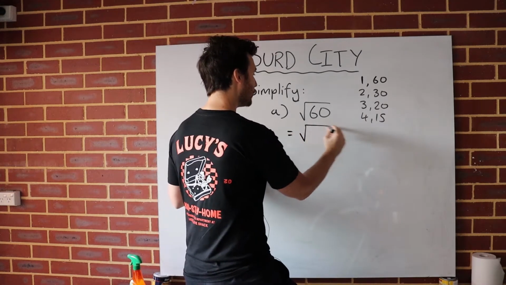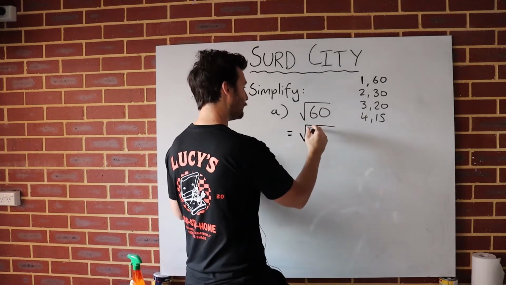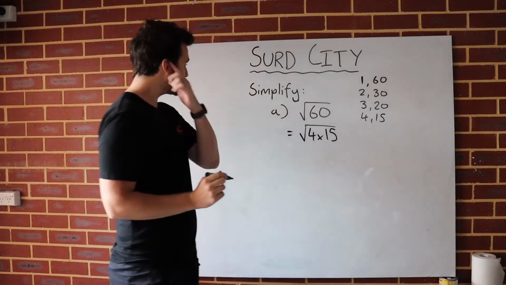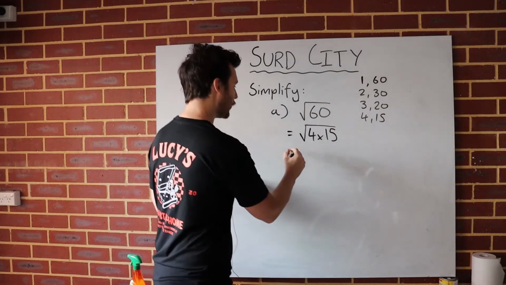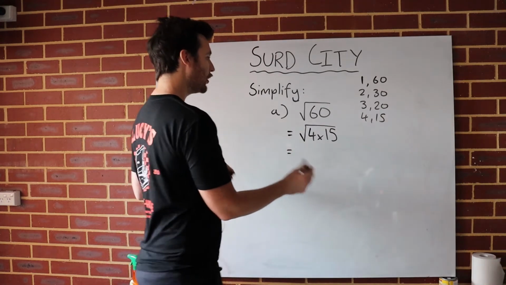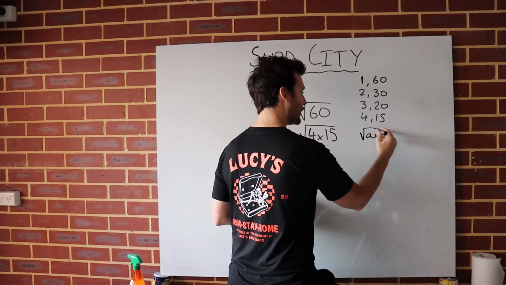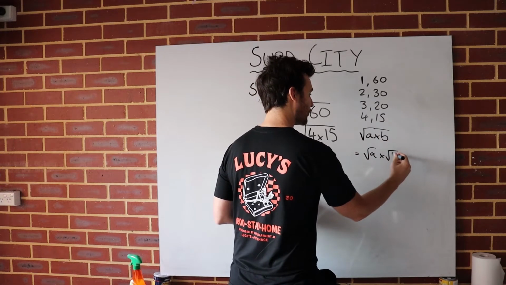Okay. So what I'm going to do is rewrite the square root of 60 as the square root of 4 multiplied by 15, because that's going to allow me to find the square root of 4. I'll rewrite this another way just to show you where this comes from. You can say the square root of a times b is equal to the square root of a times the square root of b.